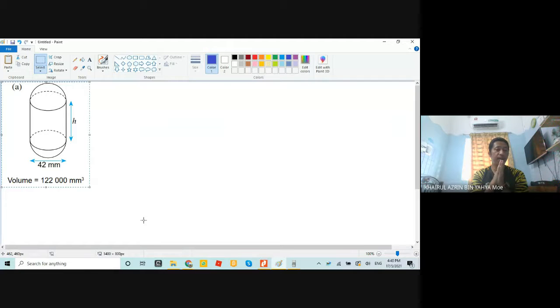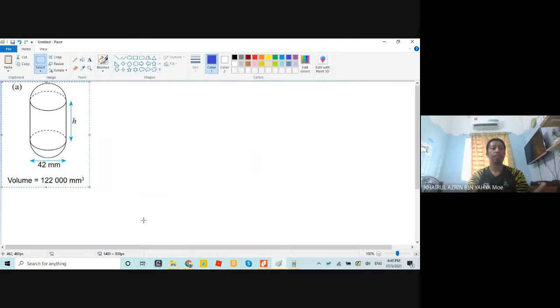So actually we have two hemispheres. Two hemispheres, when we combine, become one sphere. So actually this one we can solve by adding one cylinder plus one sphere. That's all.